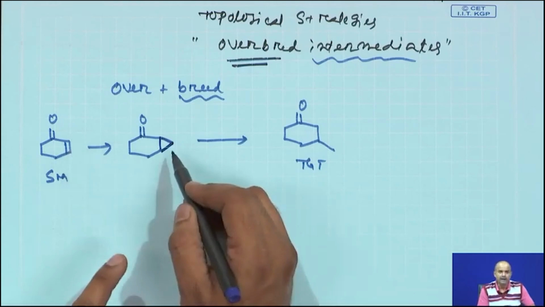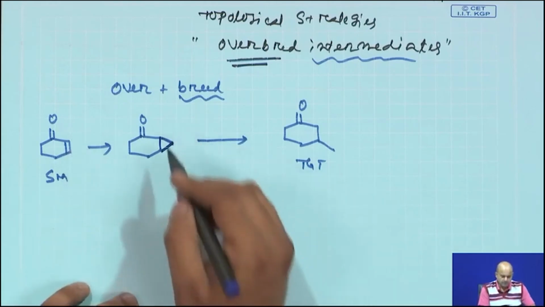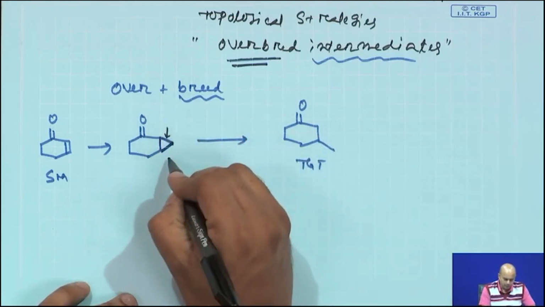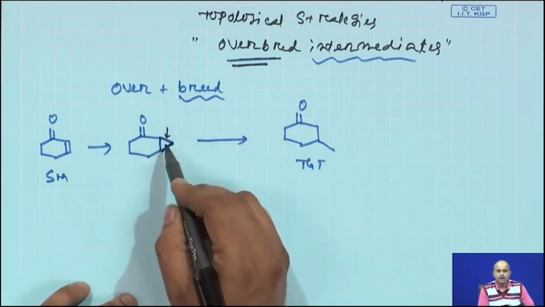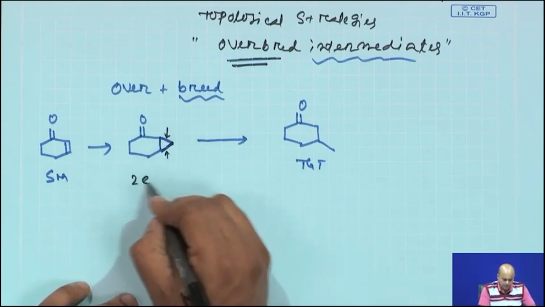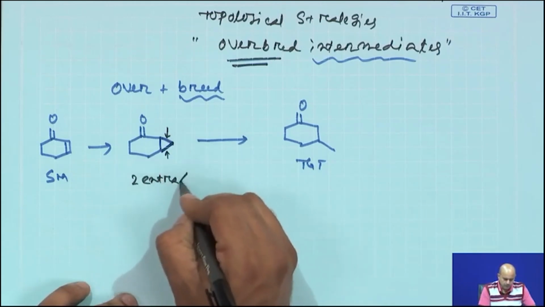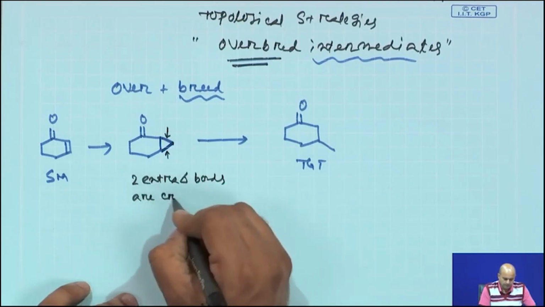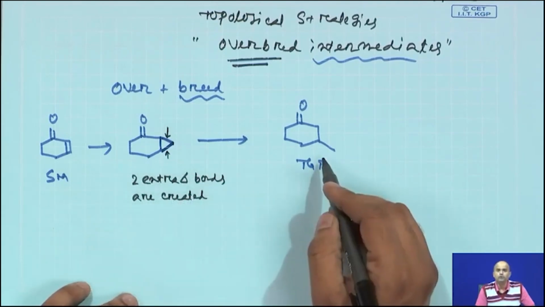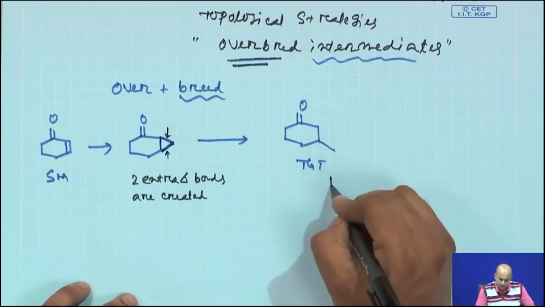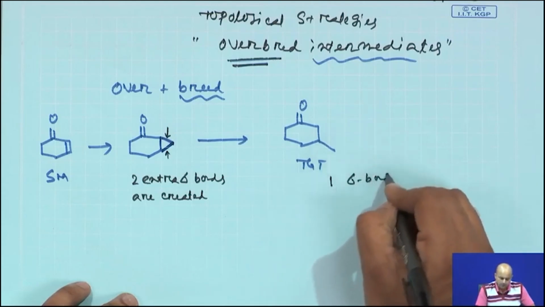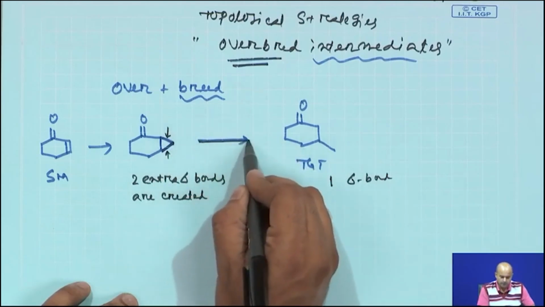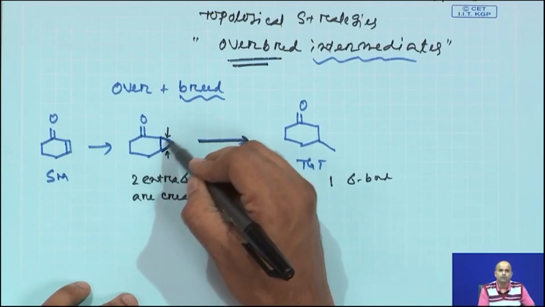So, you are adding an extra carbon, but you are creating two new bonds, this one as well as that one. That means two extra sigma bonds are created. Now, in the target molecule you do not need that; you basically need one sigma bond. So throughout this synthetic pathway, up to the final step, you need to keep one extra bond.